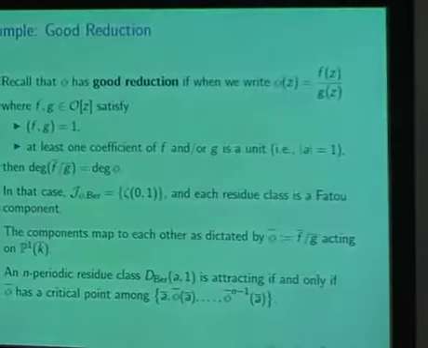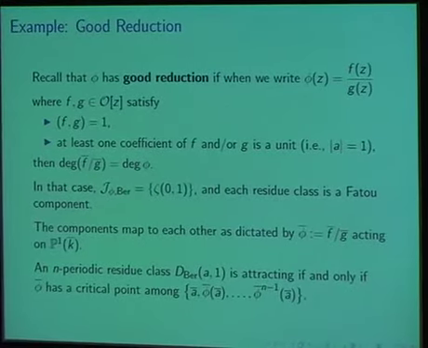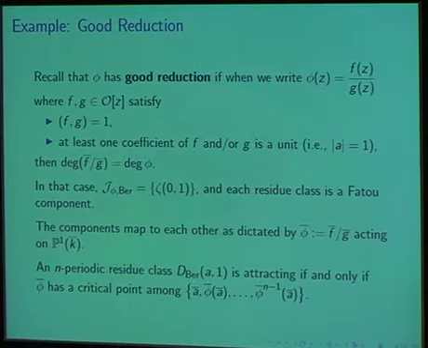Now, by the way, in light of the previous slide, we have this notion that the periodic components could be either attracting or indifferent. Well, it turns out, again, working over the reduced map, working on the residue field, the periodic residue classes that are attracting are exactly the ones that have a critical point in them for phi bar. Now, please note, let me point something out about what I mean by critical point for phi bar.